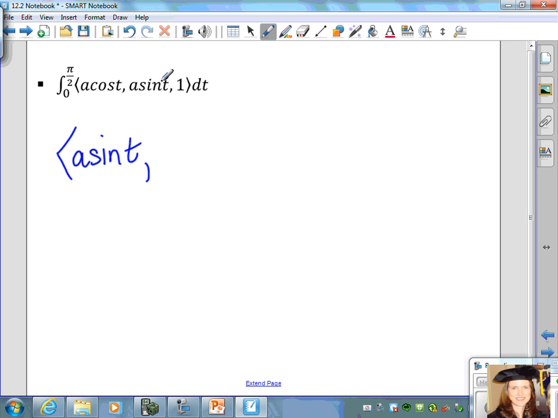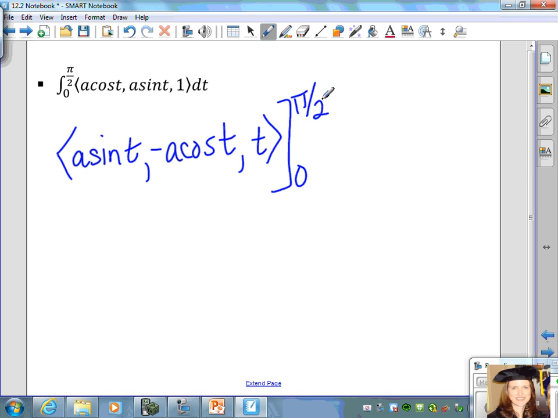Since this one started off with the angle bracket notation, I'll continue with that. So the antiderivative of a cosine t is a sine t, and the antiderivative of a sine t is negative a cosine t, and we're treating a as a constant. And the antiderivative of 1 is t.